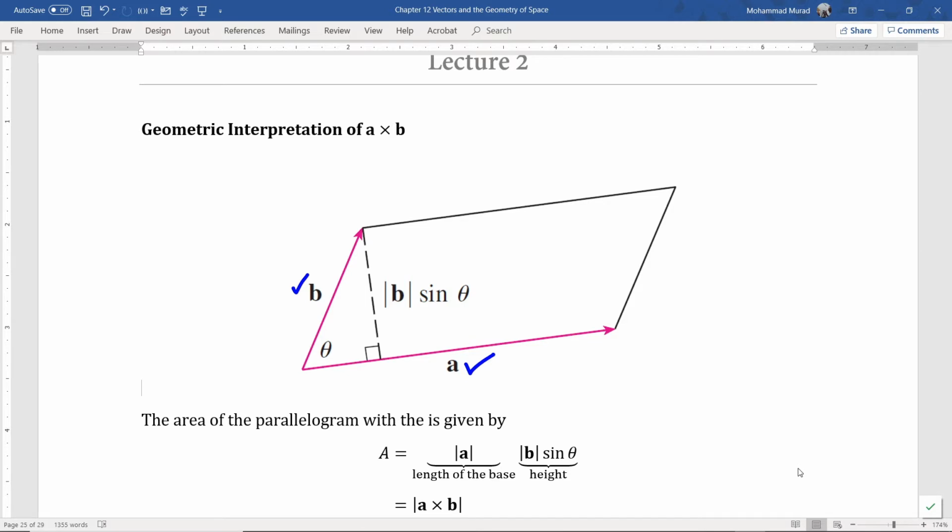Here, the base is the length of the vector A, and height, for example, is h, where h over the length of the hypotenuse is equal to the sine of the angle.